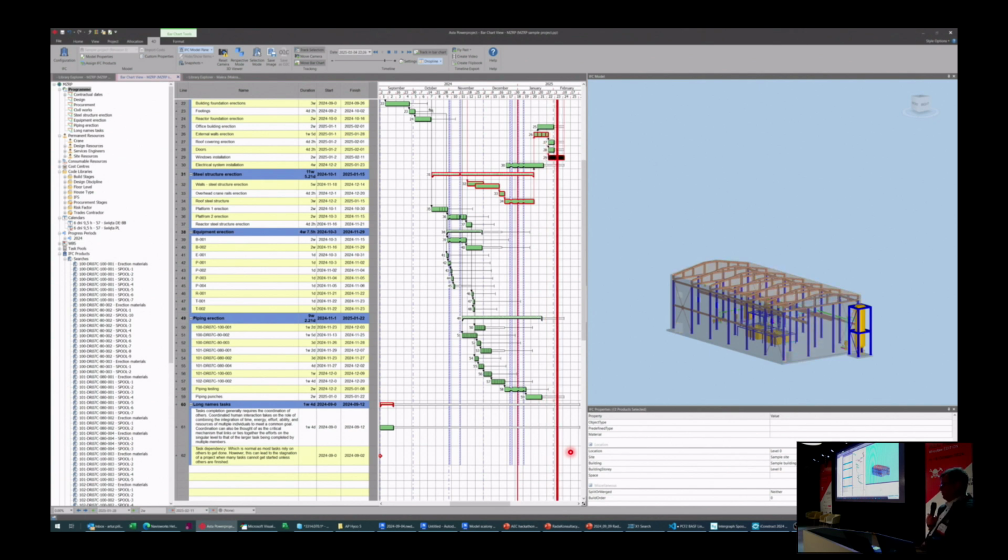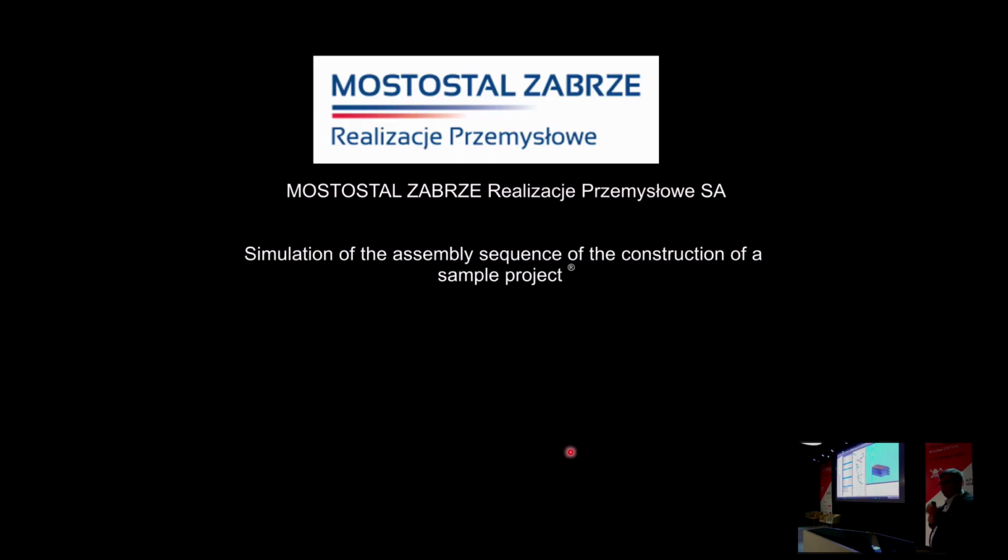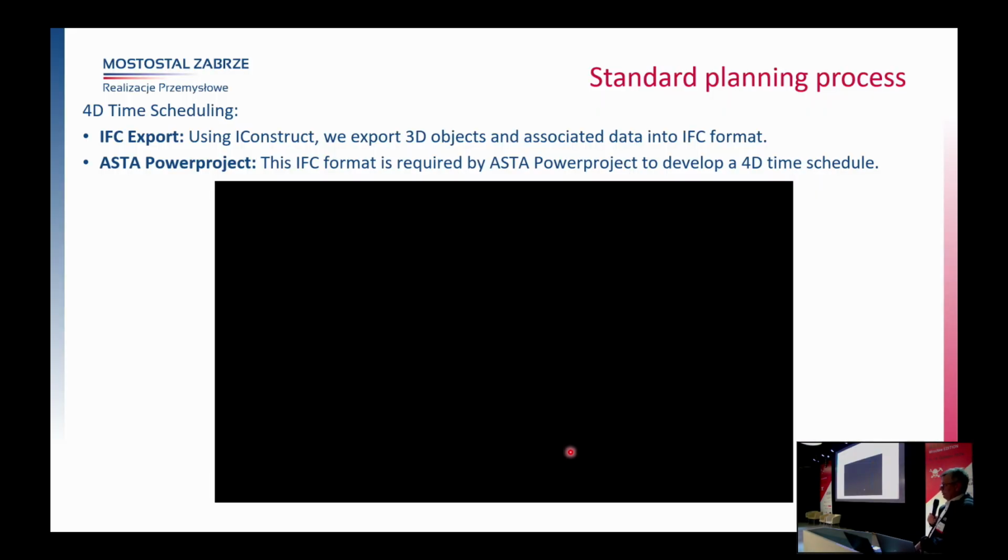Maybe it's not impressive because this is a very small model we are providing for the challenge today. But if the site is really big, this looks really impressive, and this is also very helpful because we can see that we are not starting erection of something on level 2 if level 2 does not exist yet.